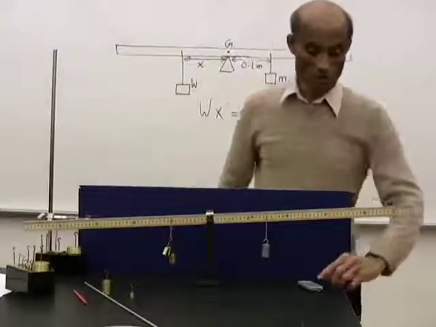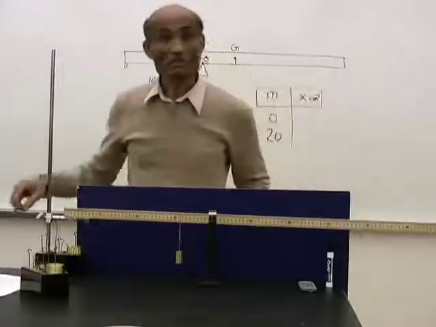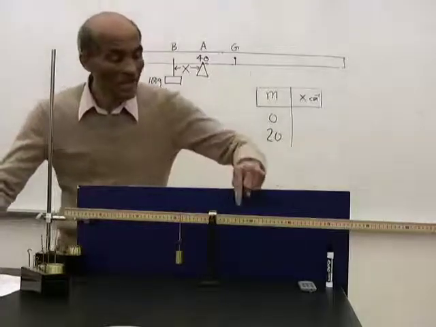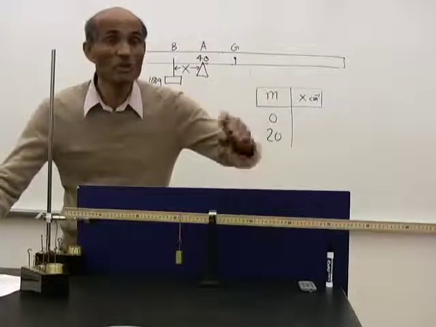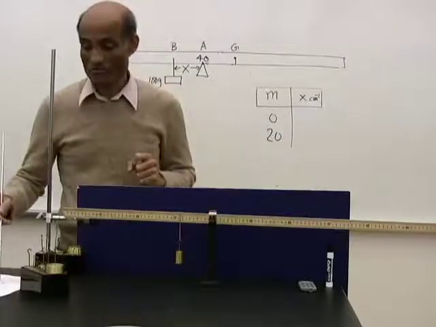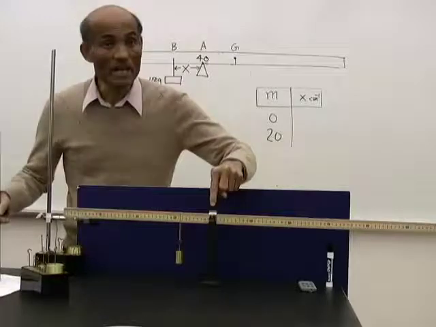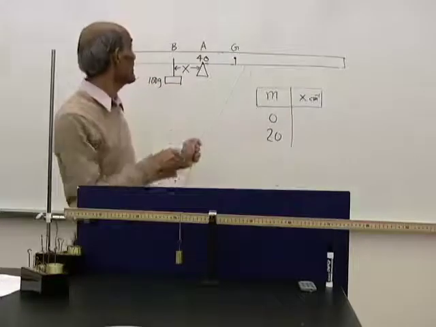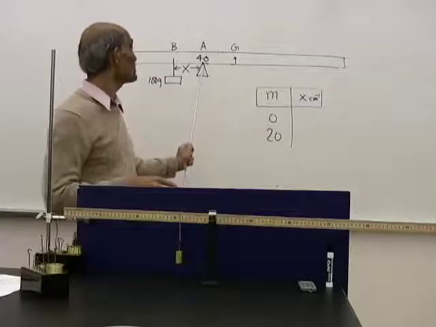Now what does that involve? For procedure 3, you are required to find the center of gravity of the ruler, which you know is the 50 centimeter mark. And now balance the ruler at point A, where A is the 40 centimeter mark. There, A is the 40 centimeter mark.